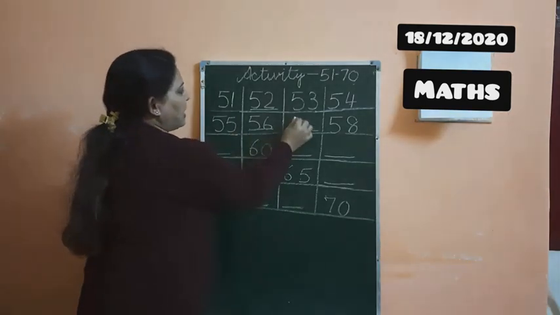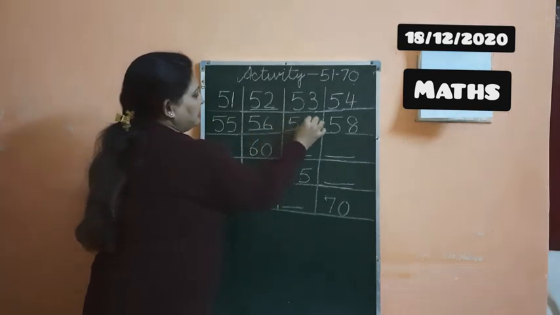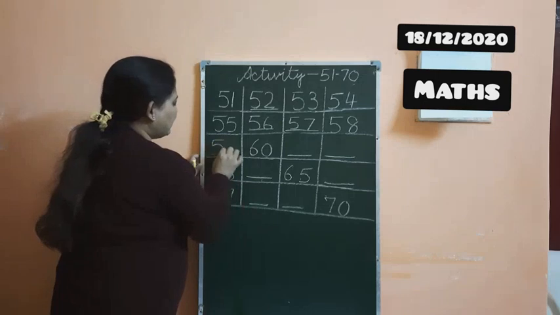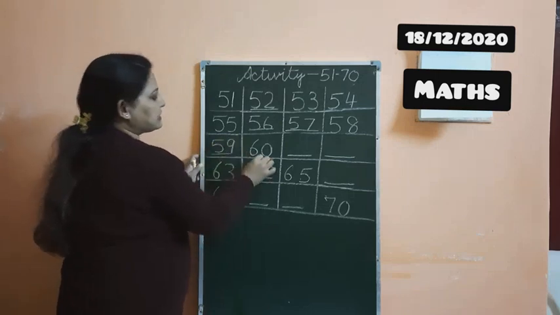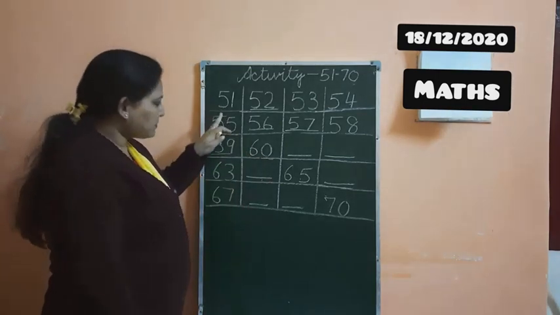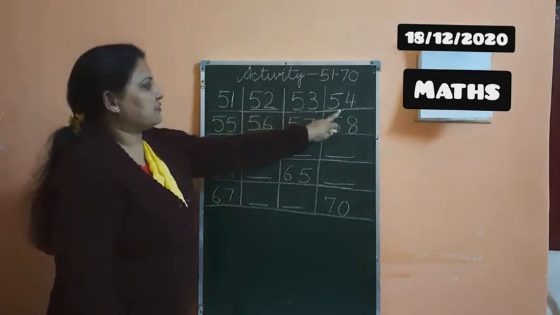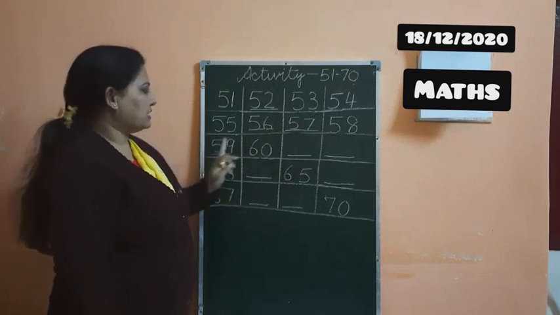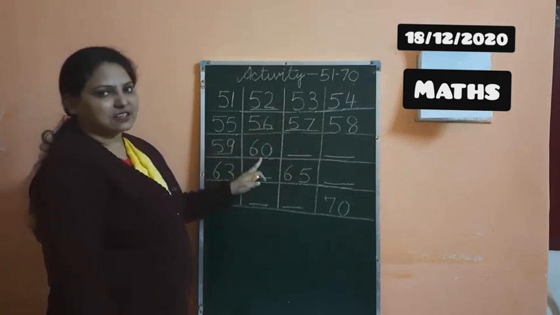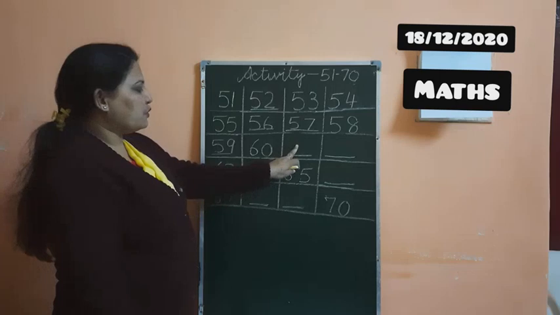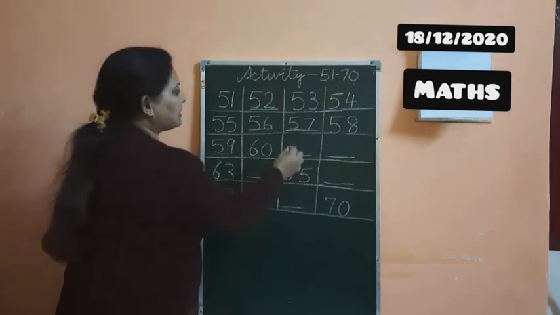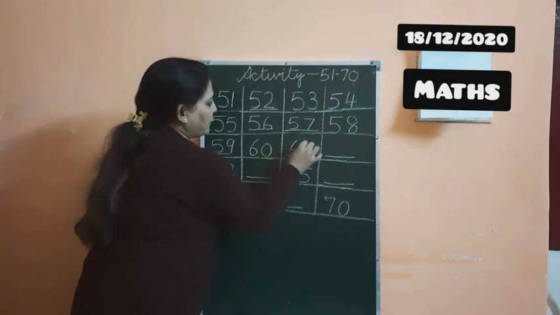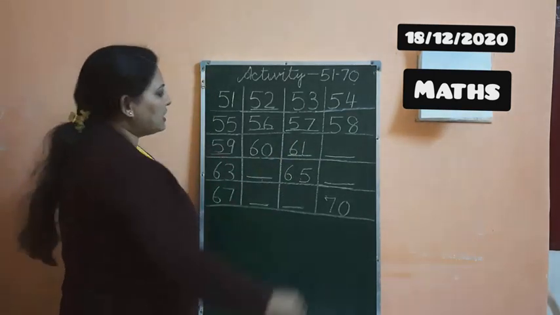After 56, 57. 58 is here. 59. Now the number is 60. So we will revise 51 to 60. Now we move after 60. Which number will come? 61.